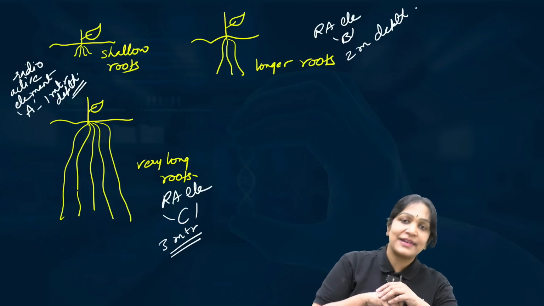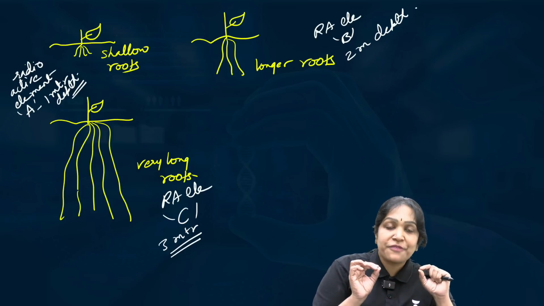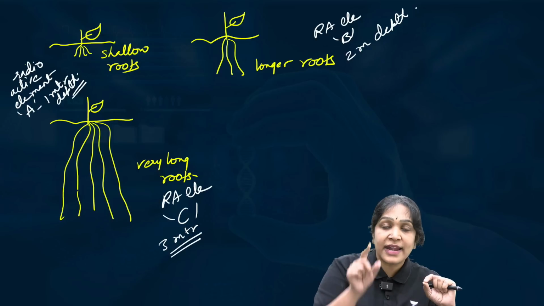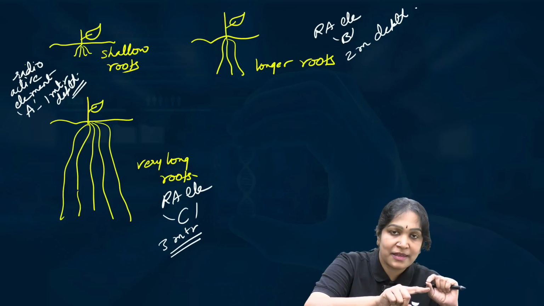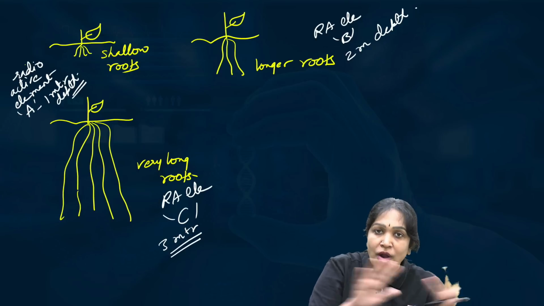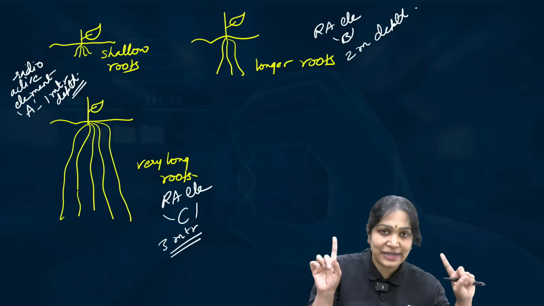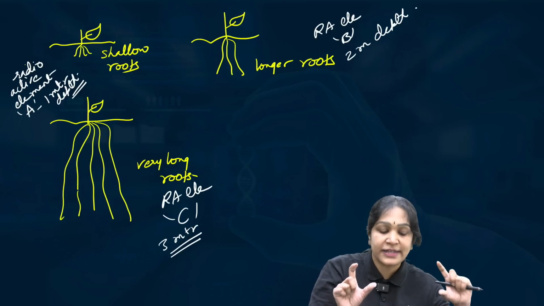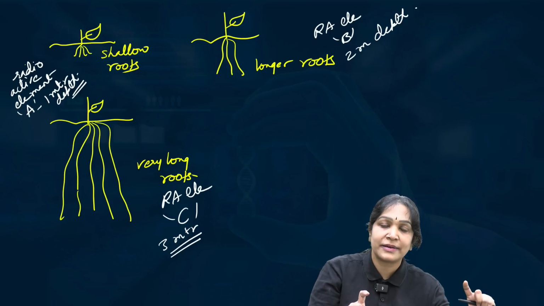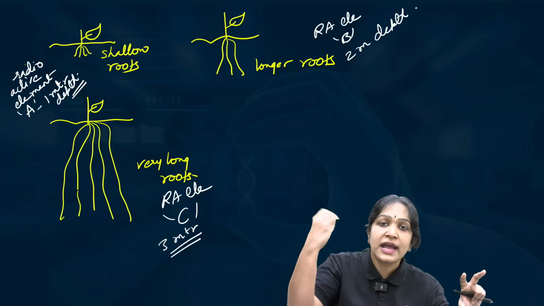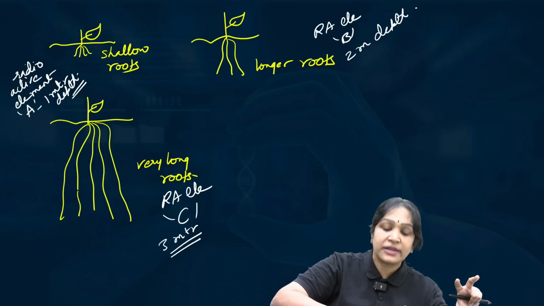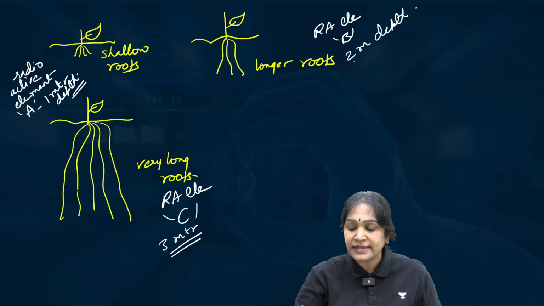Now study the plant. If the plant is having the radioactive element A, but B and C are not there in the plant, it means its roots went only till 1 meter. The plant could not absorb the radioactive element which we kept at 2 meter depth.